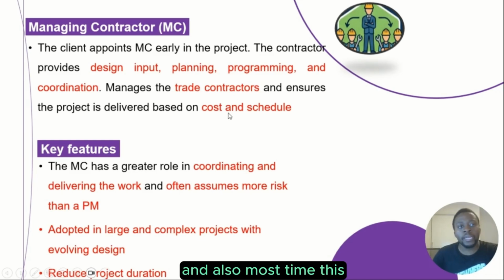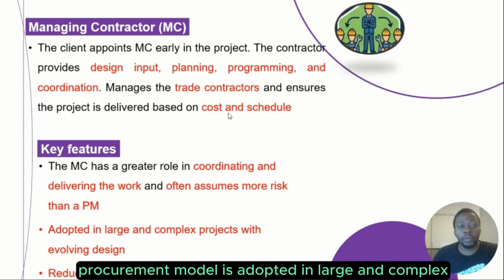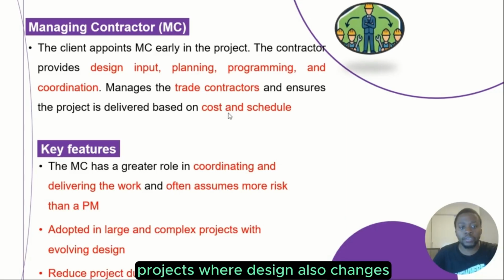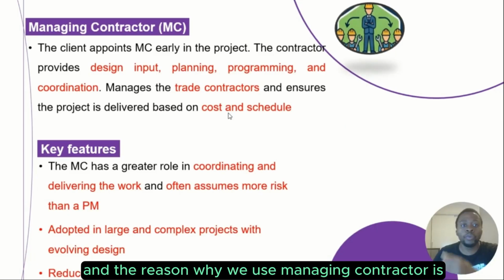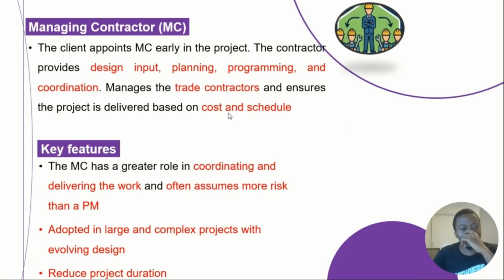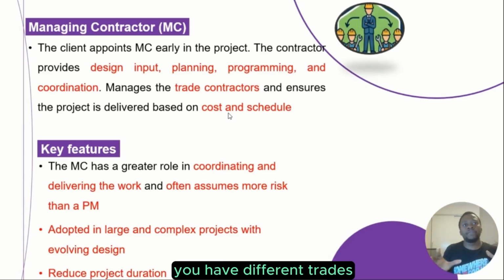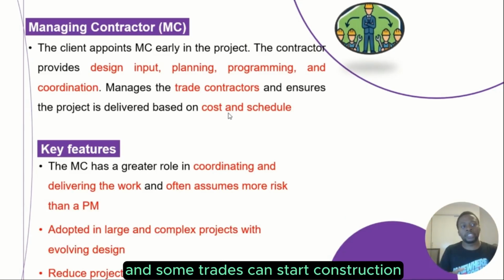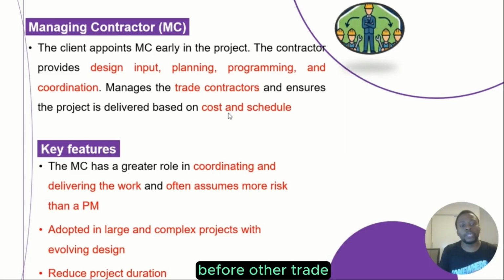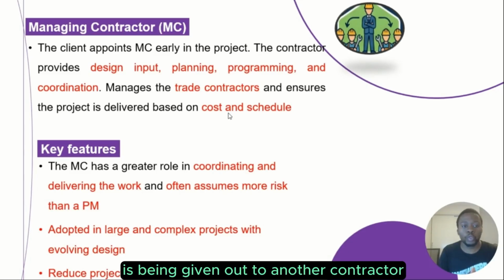And also most times this procurement model is adopted in large and complex projects where design also changes. The reason why we use a managing contractor is, for example, you want to reduce the project duration. For example, you have different trades, and some trades can start construction while other trades are given out to another contractor.